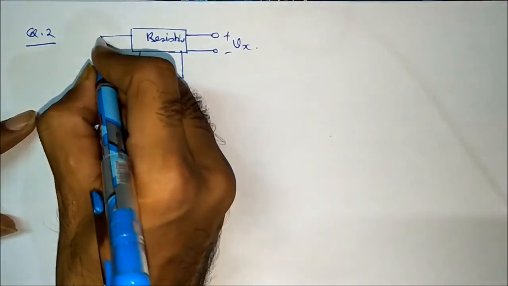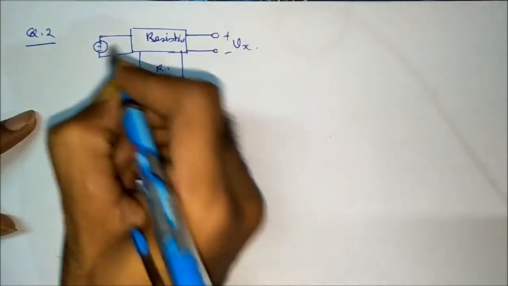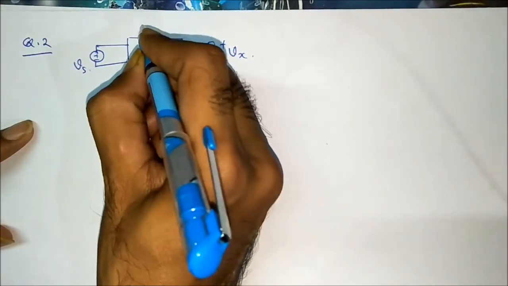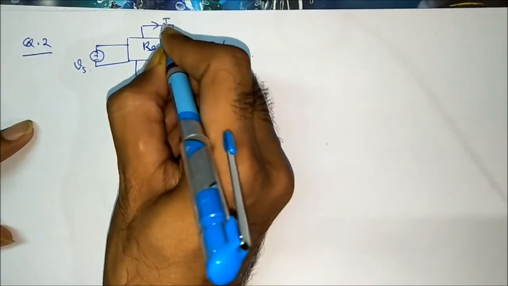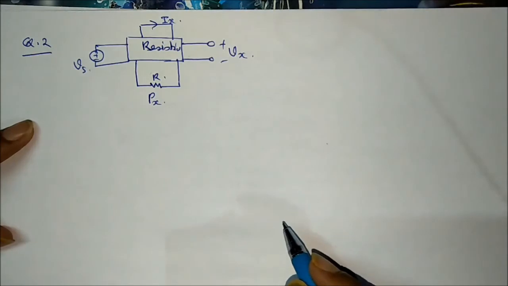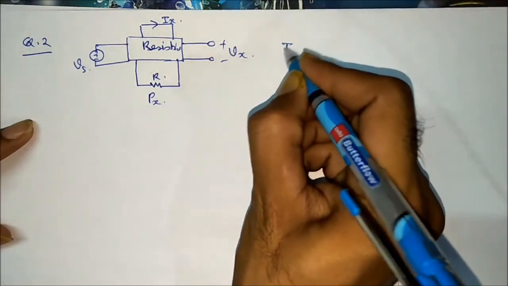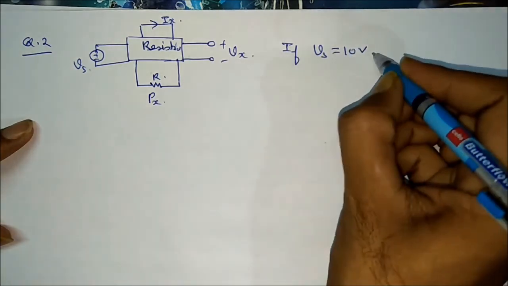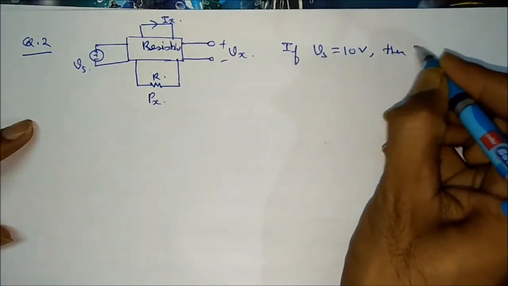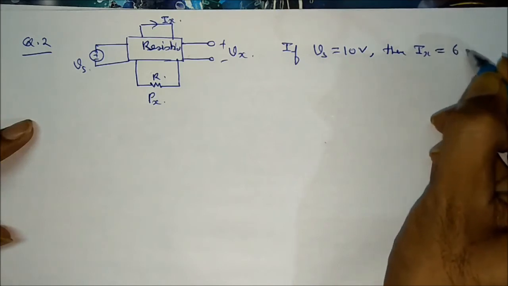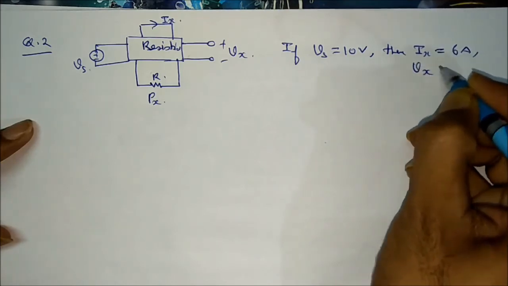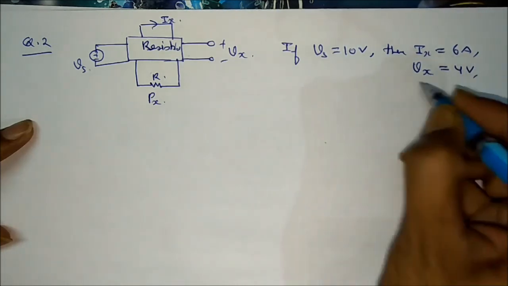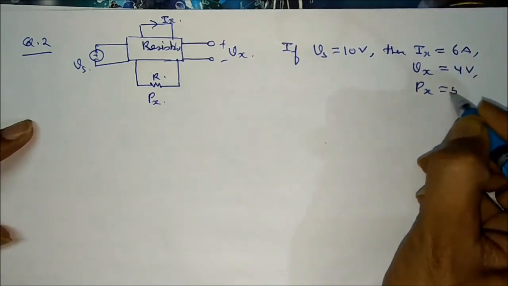This is a source, plus minus Vs, and here it is given as Ix. It is given that if Vs is equal to 10 volt, then Ix is equal to 6 ampere, Vx is equal to 4 volt, and Px is equal to 5 watt.